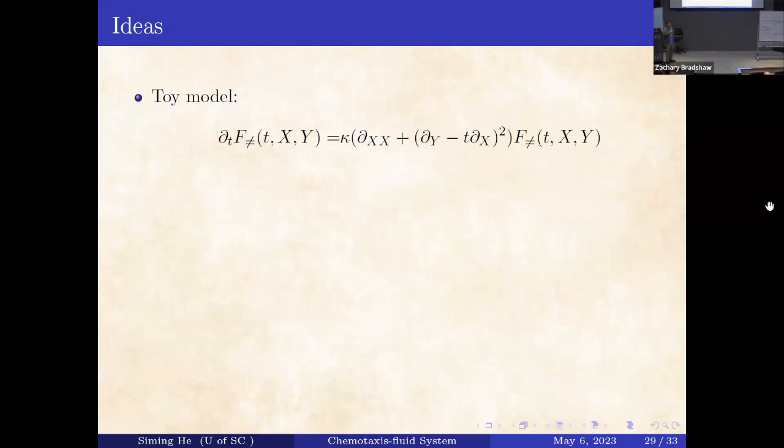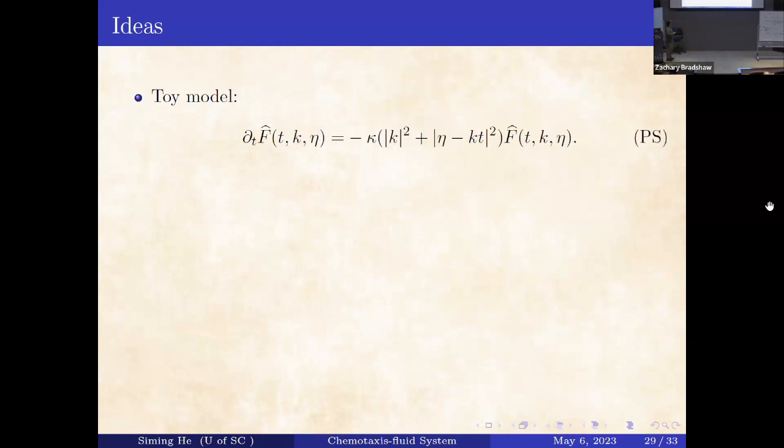So again, okay, I cannot do too much for the nonlinear problem. Let's focus on the passive scalar equation that I wrote down here. Again, this piece is the Laplacian in the original physical variable. And now you can do, okay, Fourier transform, get this equation.